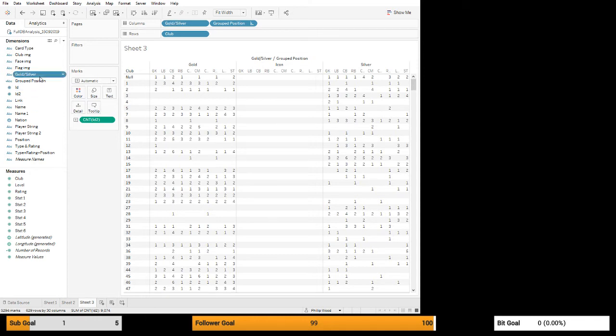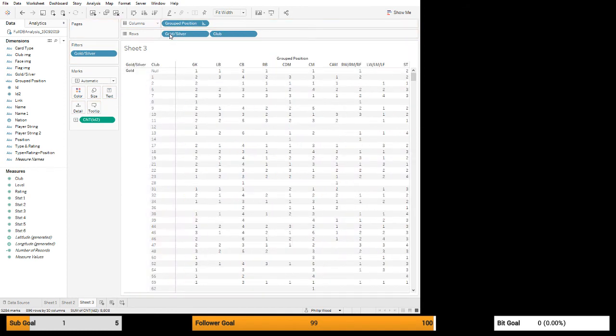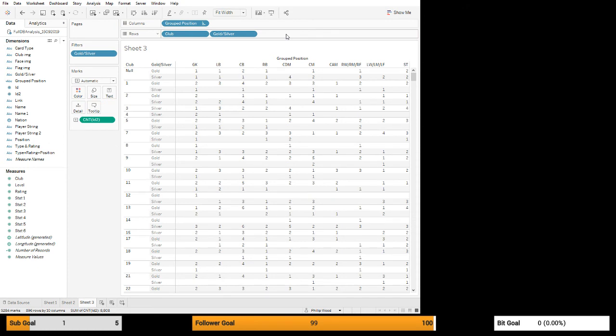Don't want icon in there, do we? We do want lots of icons in our club, but not in here. Silver. Wonder if I do that. No. That. Interesting.